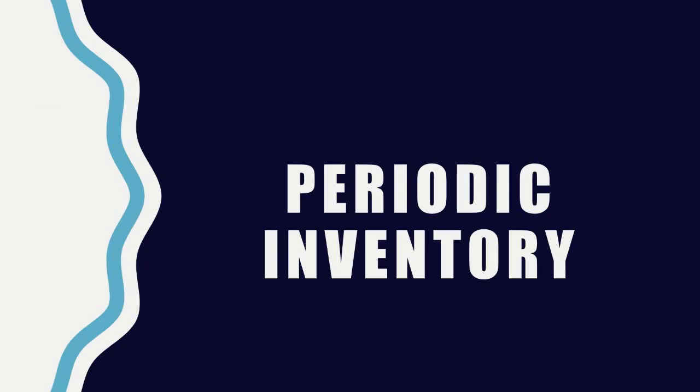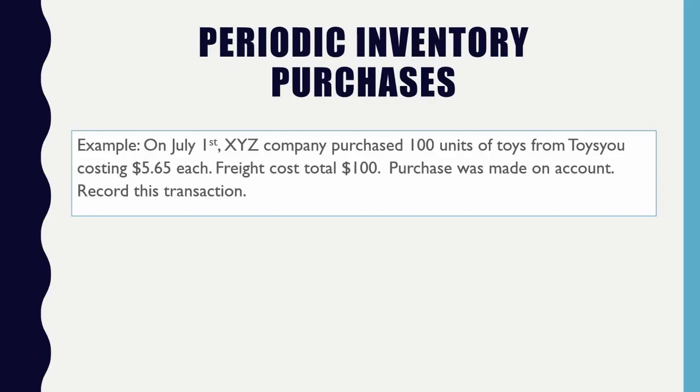All right. So here we go. Periodic inventory. Here we're going to take a look at how we make our purchases of inventory. So here's the example. On July 1st, XYZ company purchases 100 units of toys from Toys R You, and each toy costs $5.65 each, and freight costs $100.